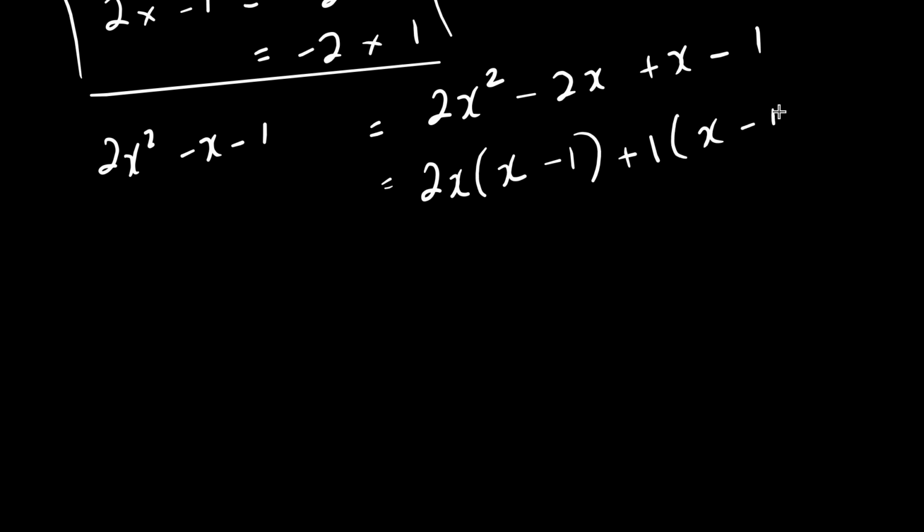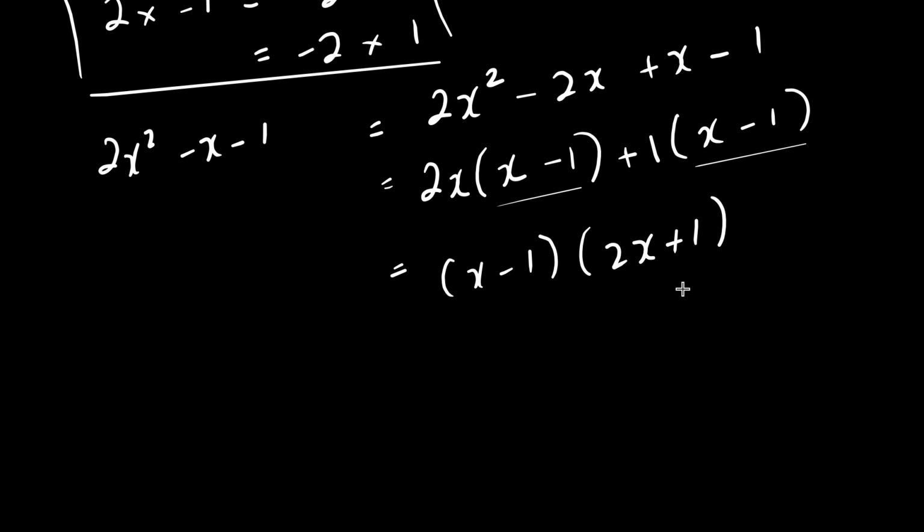And what remains is x minus 1 as the factorization of this binomial. You'll have 1 times x minus 1, and the factorization of the other binomial will be 2x times x minus 1. Right? And now when we look at these 2 terms, what is common is x minus 1, so I can factor out x minus 1 to just leave 2x plus 1.